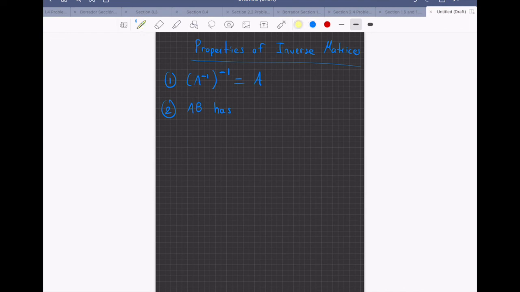Here we are under the assumption that A and B have an inverse.